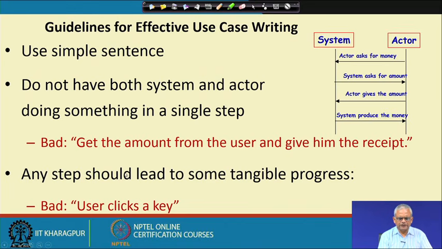Also, we should not write trivial steps in the use case documentation. For example, the user clicks a key, that is not a tangible progress in the use case execution. So, every step that we document for a use case must result in some tangible progress in the use case execution.